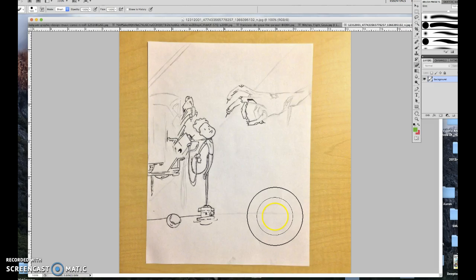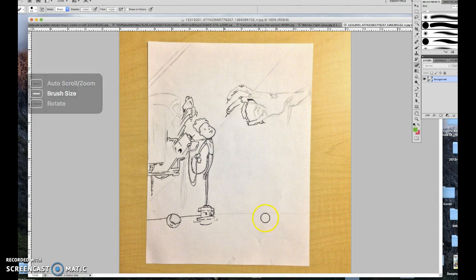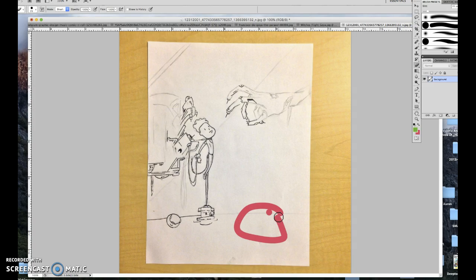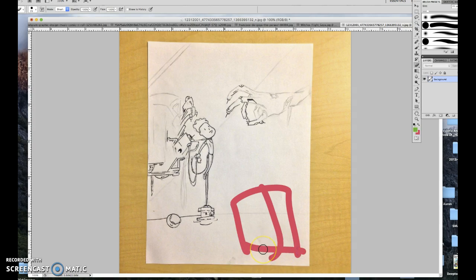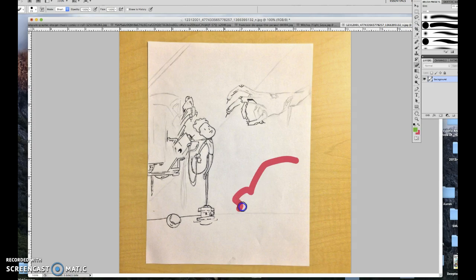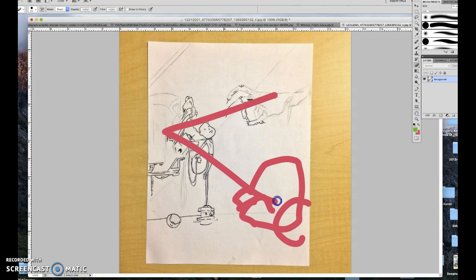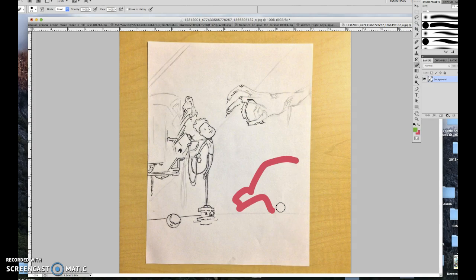So another thing you can do is creating an object in this space. So it could be something in the foreground, such as a chair, right? Or another part of the machine. Okay, so that's how that works.